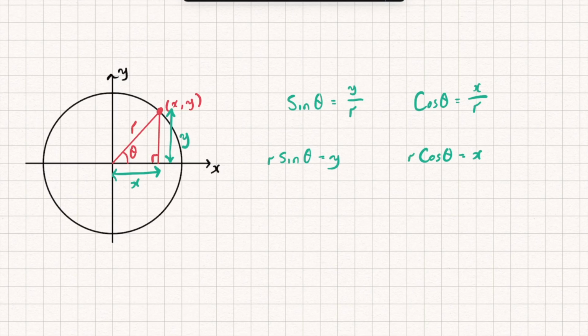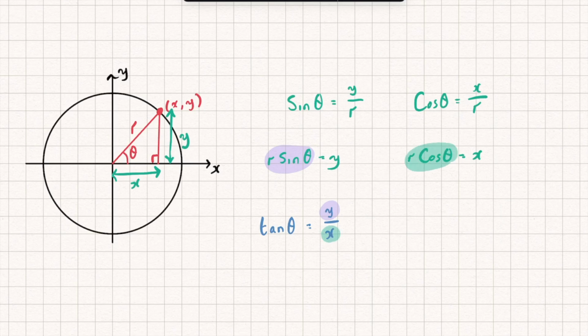Now what would tan of the angle be? What would be tan of theta? So let's write this down. Tan of theta is equal to the opposite side, which we've called y, over the adjacent, which we've called x. And could I rewrite this in any way? Well, we said y was just equal to r sine theta, and we said that x was equal to r cosine theta. So let's replace y and x with these things.